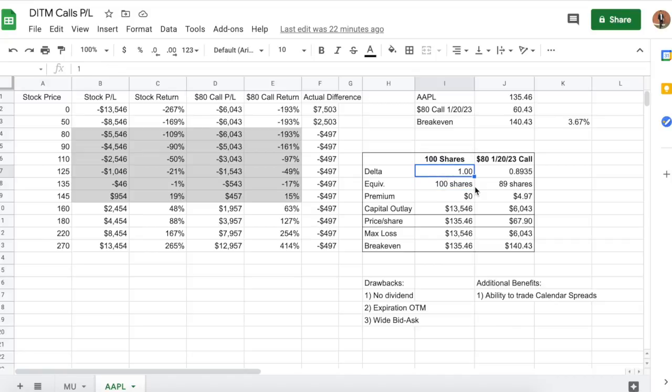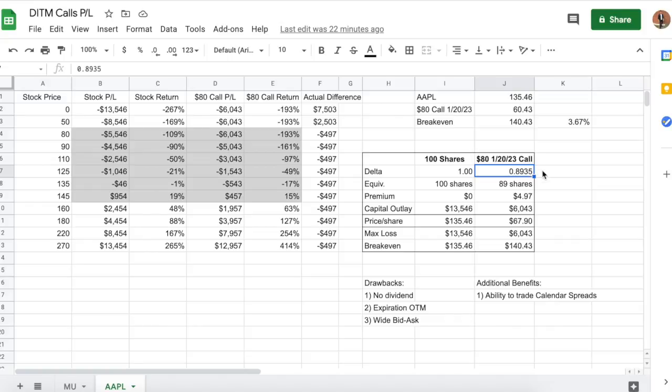So hopefully that makes sense. And then the delta for our $80 strike is 0.8935. That just signifies that if Apple were to go up $1, our call would increase by 0.8935. So if you had 100 shares of Apple and it went up $1, you'd be up $100.